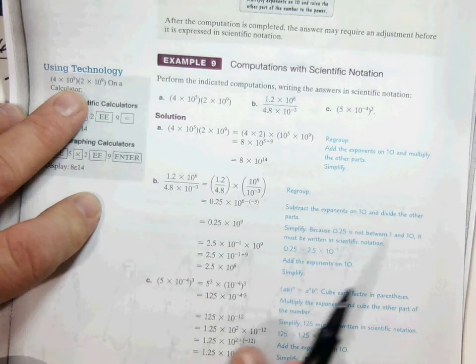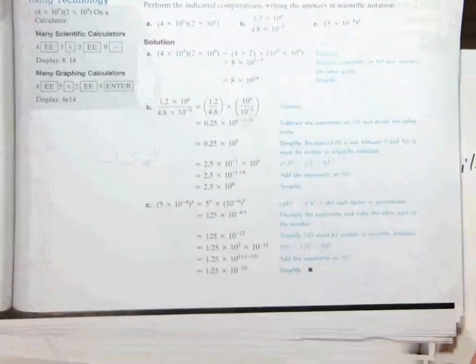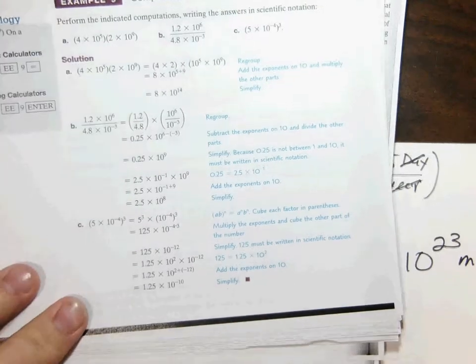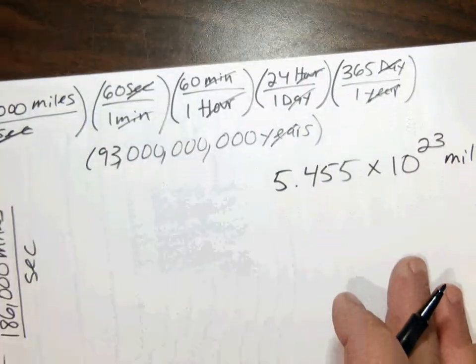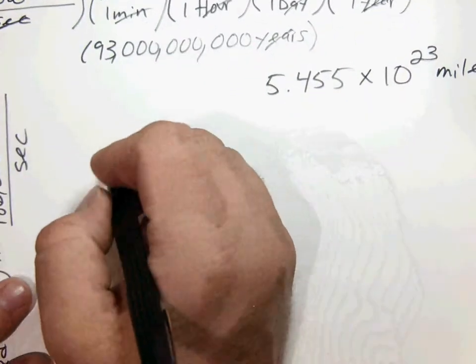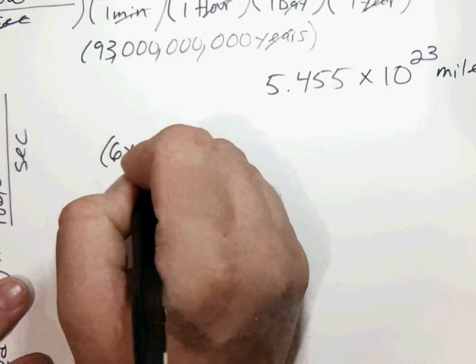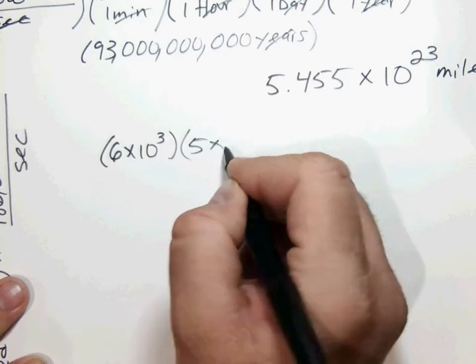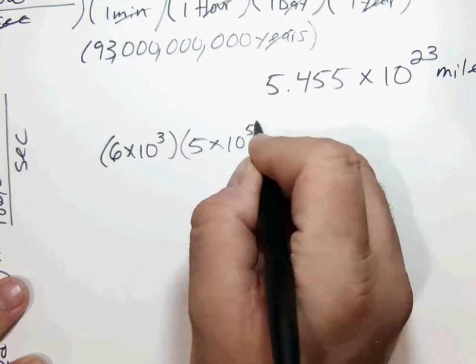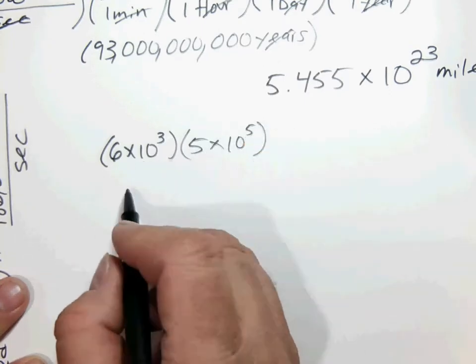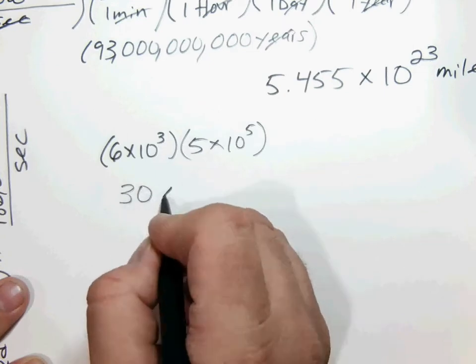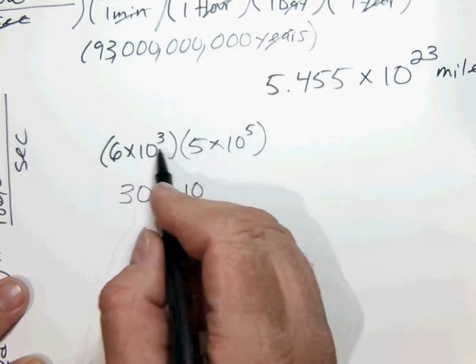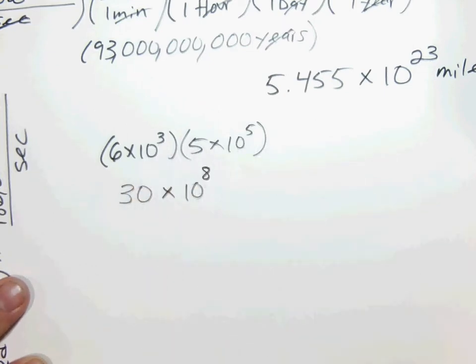The only problem with something like that would be, what if I had this one? What if I had 6 times 10 to the 3rd times 5 times 10 to the 5th? Well, 6 times 5 I would say is 30 times 10 to the, I'm going to add those together and get an 8, right?